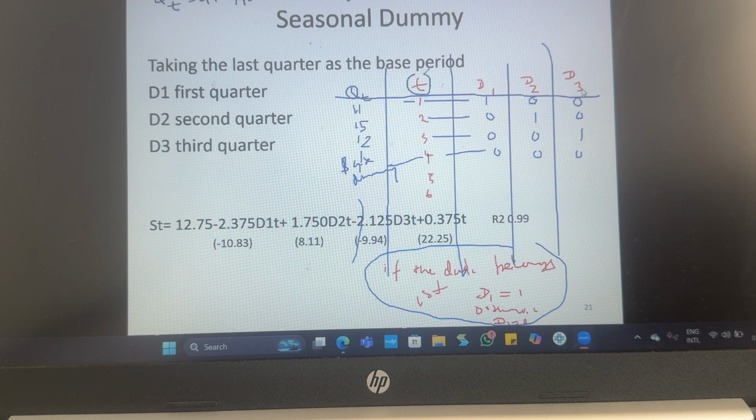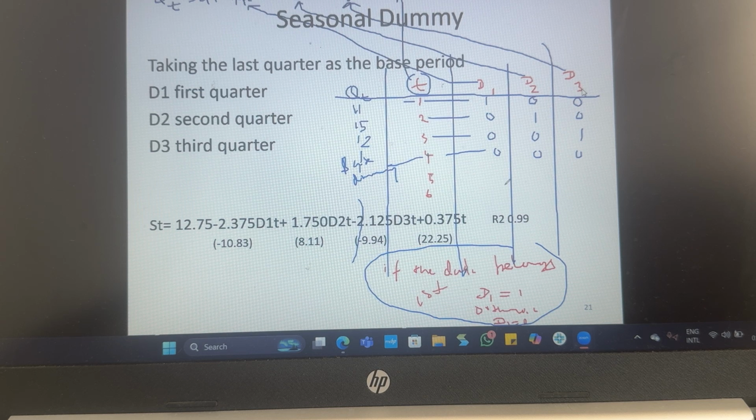This is one variable, another independent variable, the second, the third.